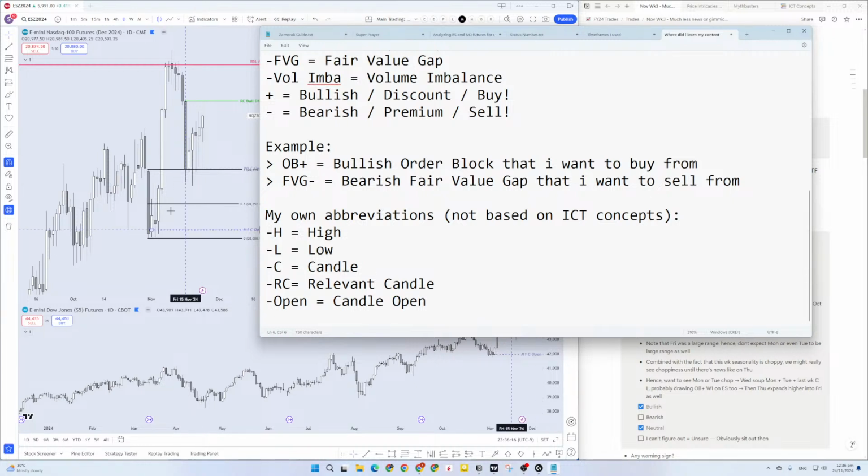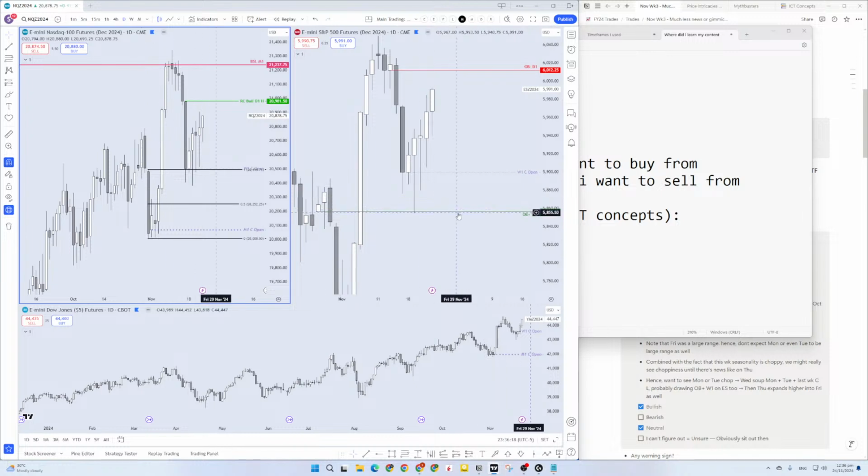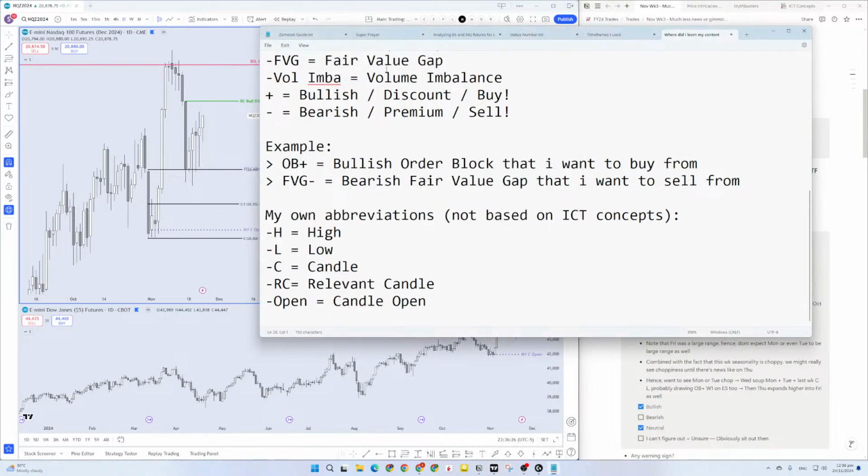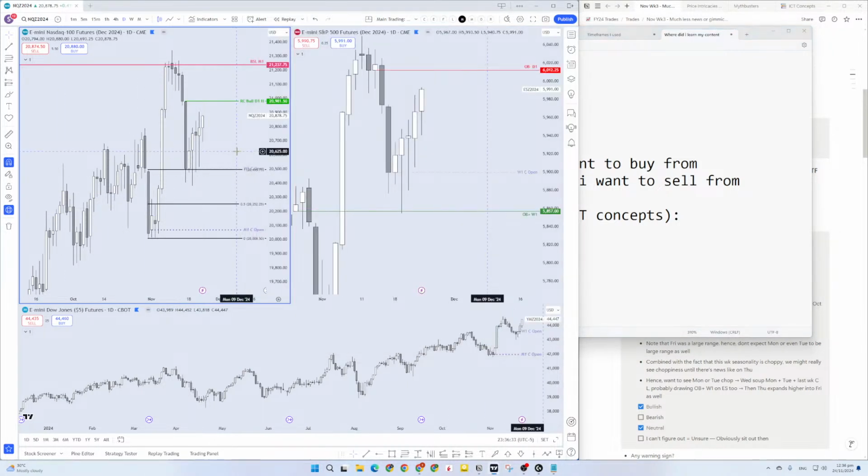So rather than just talk about it, maybe in the next lecture I will start using them more openly, so you can always come back to this particular video to understand how I use all the different wordings. Let me show you some examples on the chart, and then you will know how I use it. So, test: M1C open.